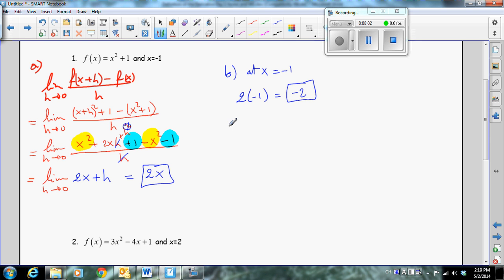And the last one, which is C, we know that the slope is equal to -2, and it goes through the point x equals -1. I will use the point-slope formula, which is y minus y1 is equal to m times x minus x1. y1 here is 2.